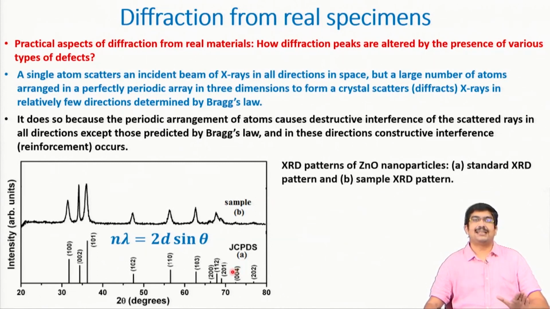When I say ideally generate, what you assume is an ideal material. Ideal material means a material which does not have any imperfection, in other words any kind of defects, a complete ideal material where only Bragg's law is determining the diffraction, exactly in which direction diffraction should happen, meaning 2 theta, and only the structure factor and multiplicity factor are determining what their intensity should be, that is it.